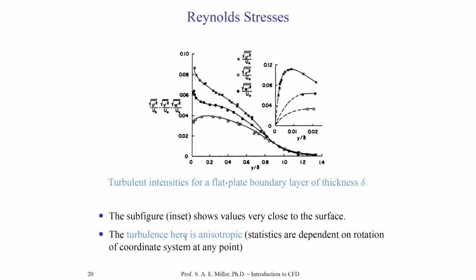The turbulence is anisotropic. Why? Because if we rotate at a single point from, say, the x direction to the y and z direction, the values of u prime do not become v prime and w prime. If it was isotropic turbulence and we make a 90-degree rotation or any type of rotation, the RMS value of, course, the new coordinate system would be same as the old one.